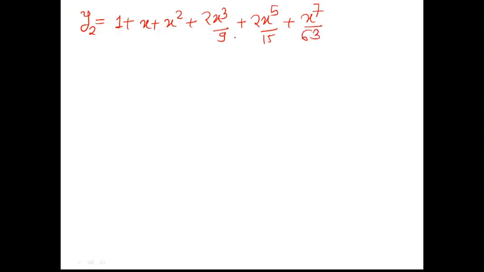So in this way we get y2, and if you count the number of terms over here, it exceeds 5 and it is expected to have at least 5 terms. So this is what we expected in this particular example. So this is our required answer: the solution of the differential equation by Picard's method up to the first 5 terms.